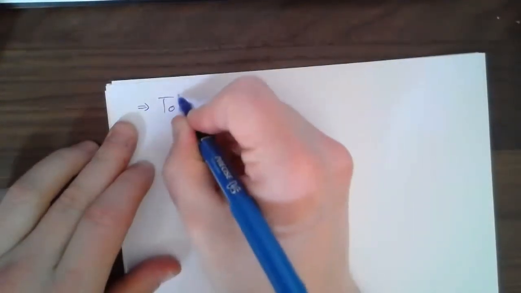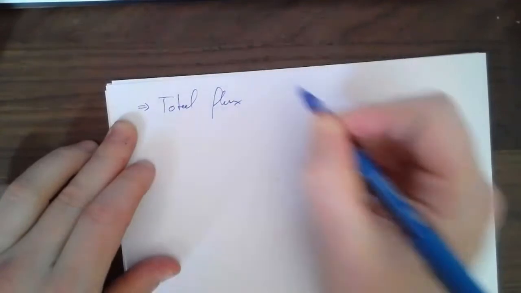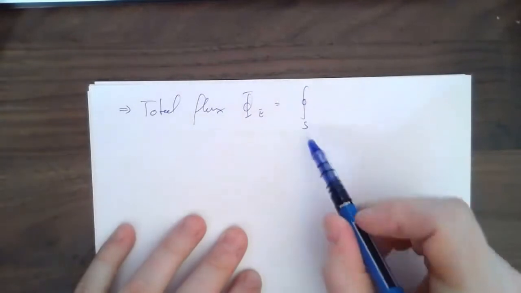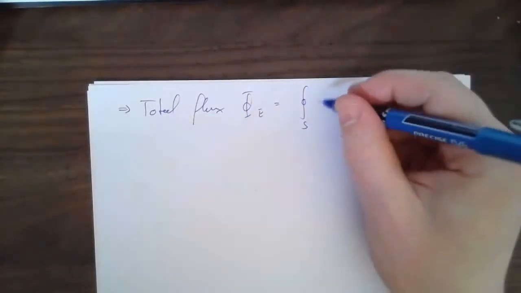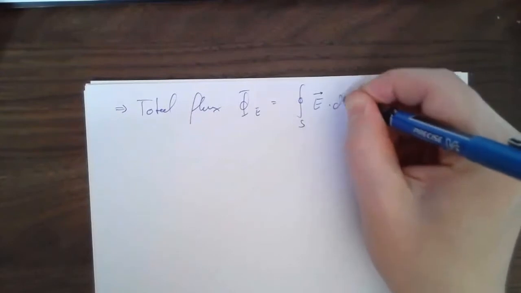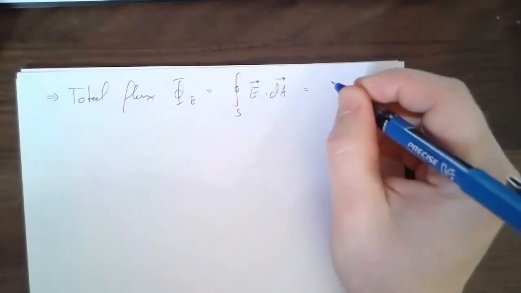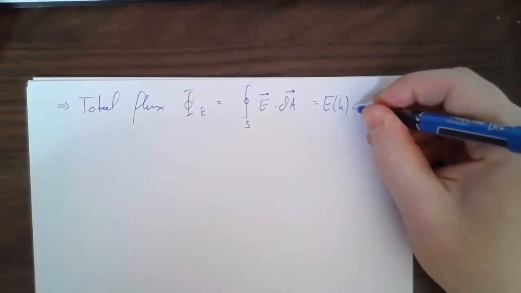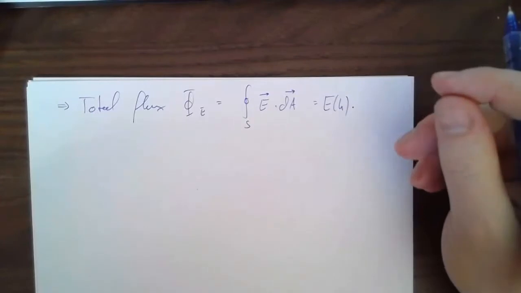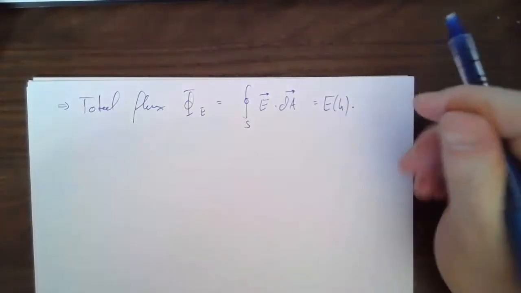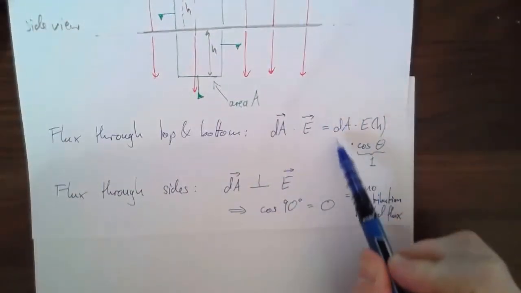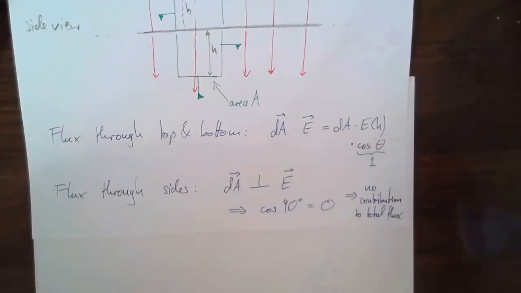So then we have the total flux through our surface S, in this case our box, that is E dot dA. It's whatever E is, I don't know that, that's what I'm trying to find, times the area, in this case only counting the area of the top and bottom, right, because I'm doing the integral, and the E comes out, it's constant.